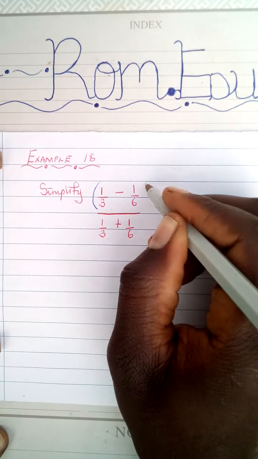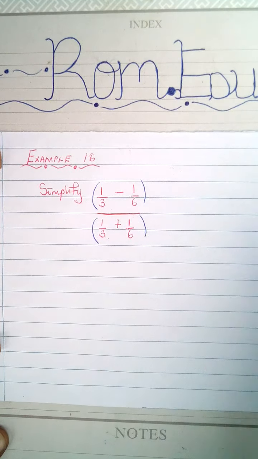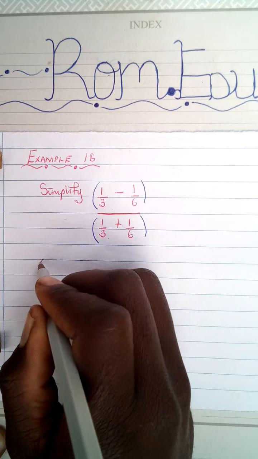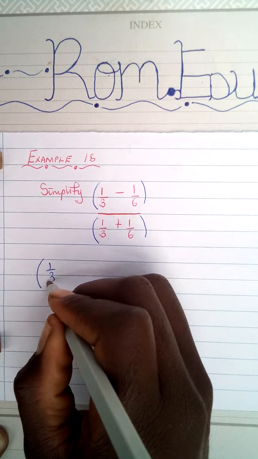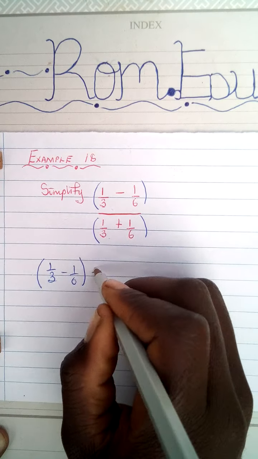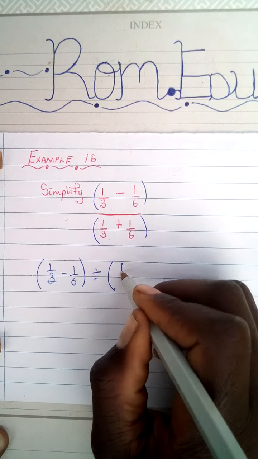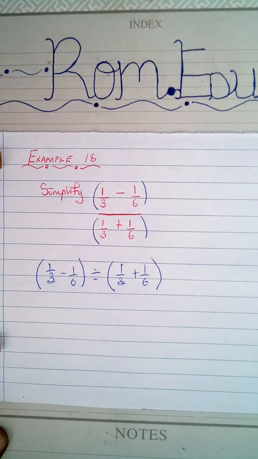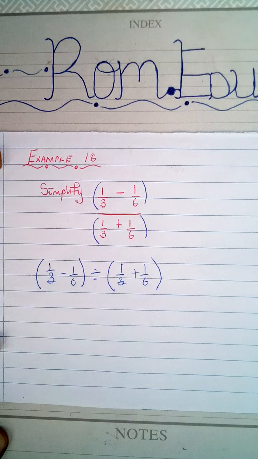So we have brackets here and brackets here. They are actually in hidden form. So in other words, you can change what is given here and put it in this form: (1 over 3 minus 1 over 6) being divided by (1 over 3 plus 1 over 6). So you have to be careful about this kind of question, right?